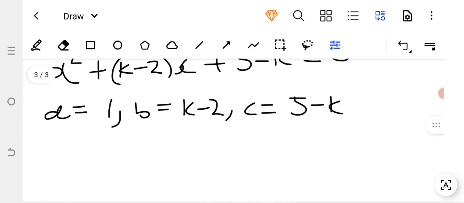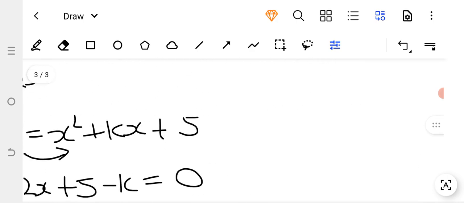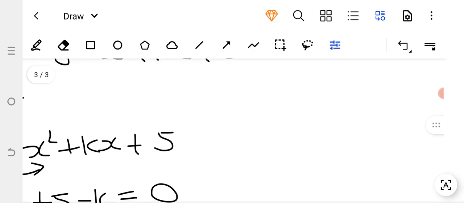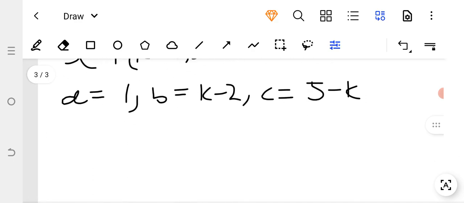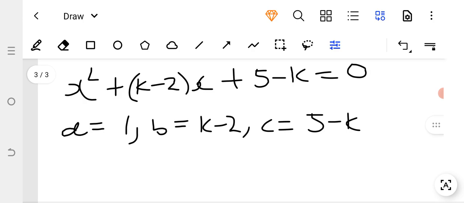So how do you continue from there? Of course, we need to see where we're writing so that we can substitute nicely. You have k minus 2 as your b, then you have 5 minus k as your c.